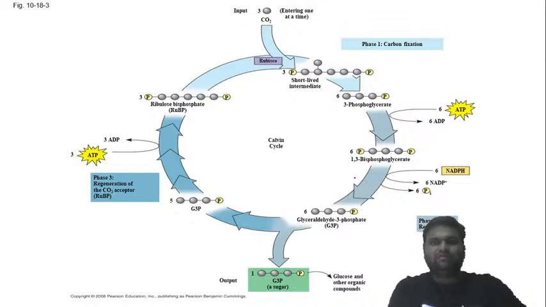These are the 3 phases. This one is the phase 1 of carbon fixation. This one is the phase 2 of reduction. This one is the phase 3 of regeneration of the CO2 acceptor.